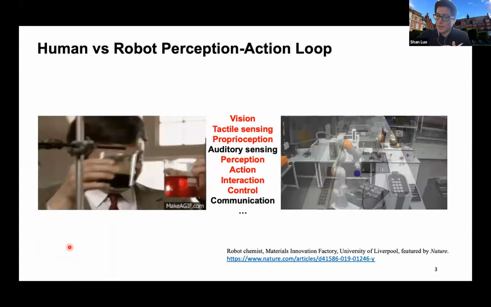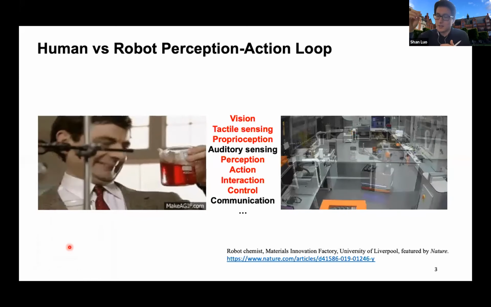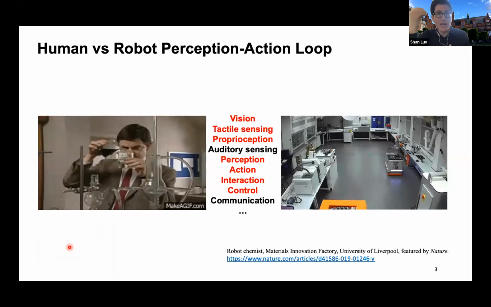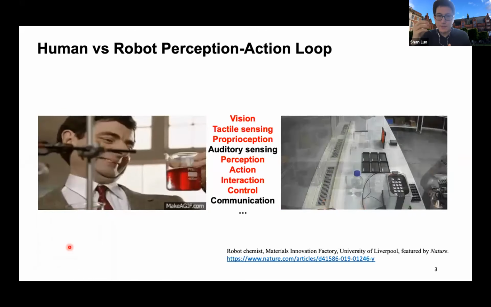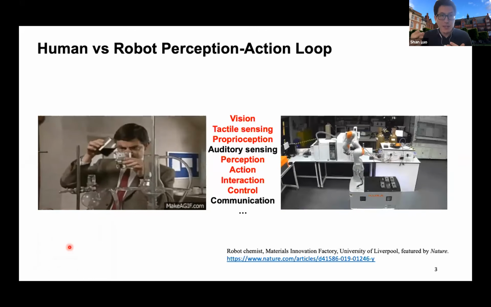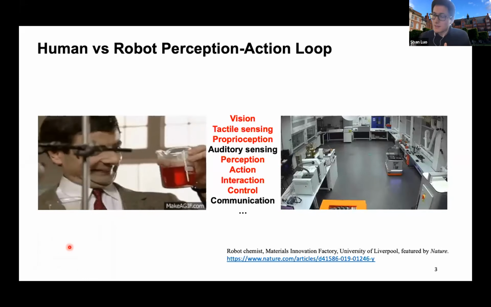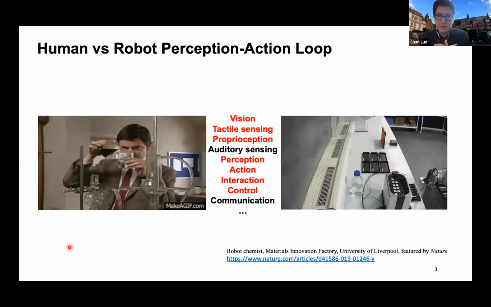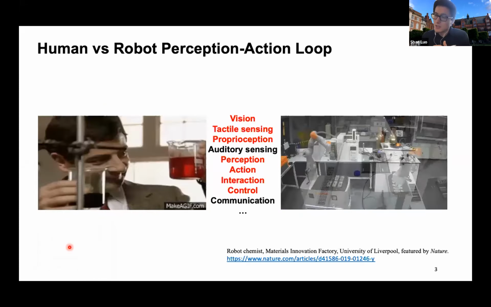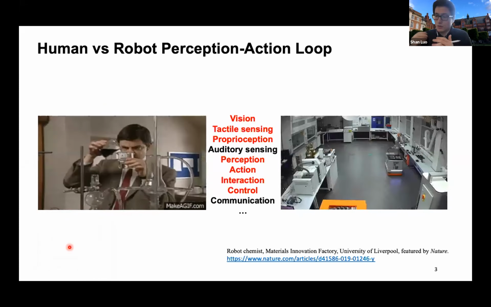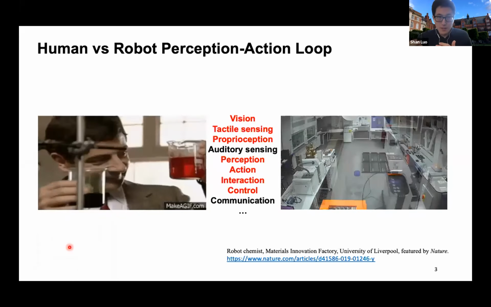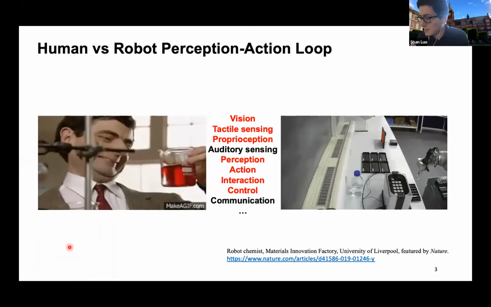We pick up some tubes and we see the liquid in the tube using our eyes. But also we are using our hands to perceive the weight and other properties of the tube. And then, according to this information from vision and touch sensing, we can adjust the pose of the tube, right?